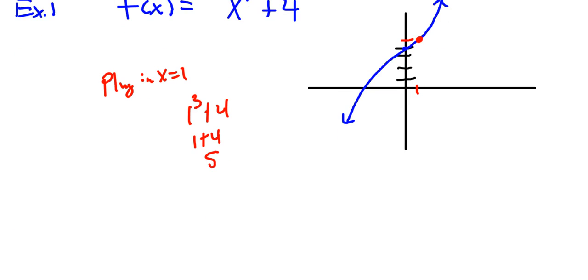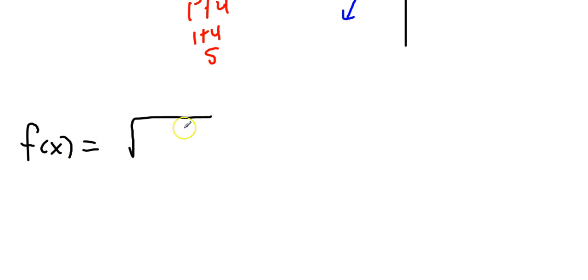All right, let's give you one that's got both of them here. So let's go to the square root of x plus 2 and then minus 4.